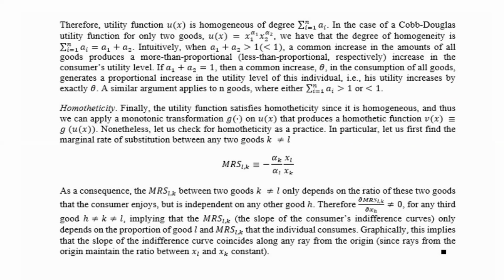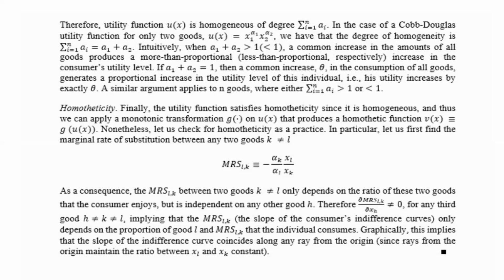Here we can see a function is homothetic when the marginal rate of substitution of L for K doesn't depend on another third good. Here we take H as a third good. When the marginal rate of substitution of L for K doesn't depend on good xh, then it will be 0.